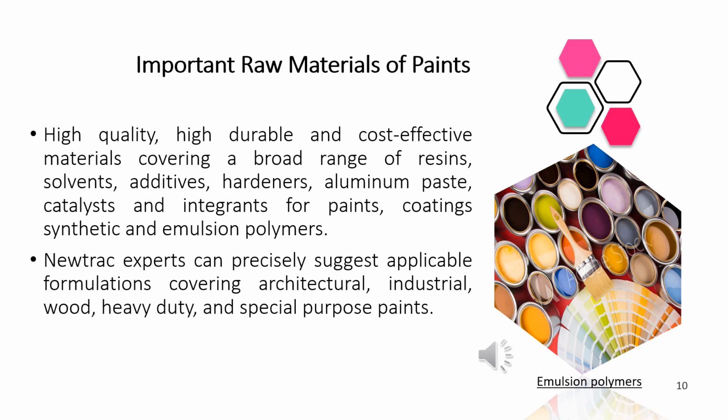High quality, high durable and cost-effective materials covering a broad range of resins, solvents, additives, hardeners, aluminum paste, catalysts and integrants for paints, coating synthetics and emulsion polymers. So, there are some raw materials which are needed in the making of paints.